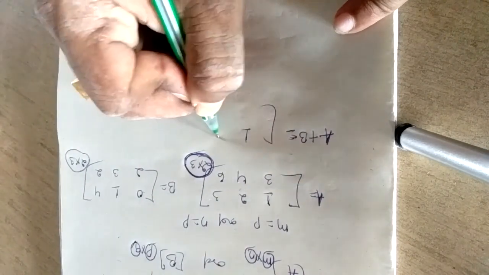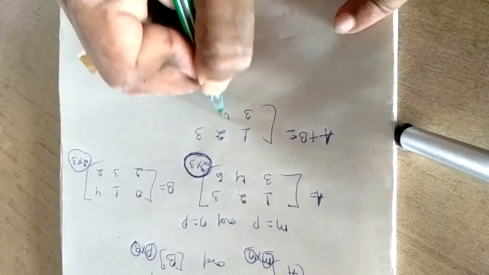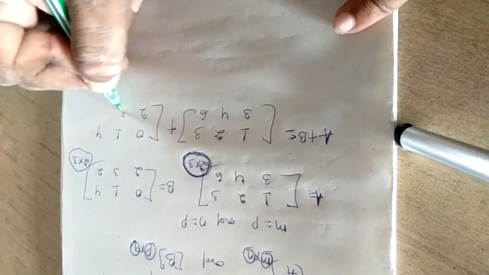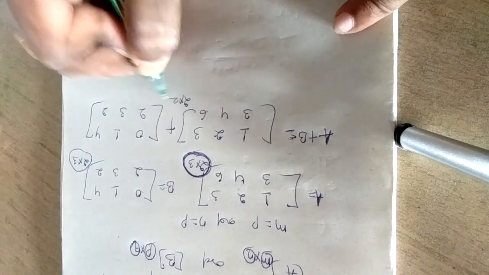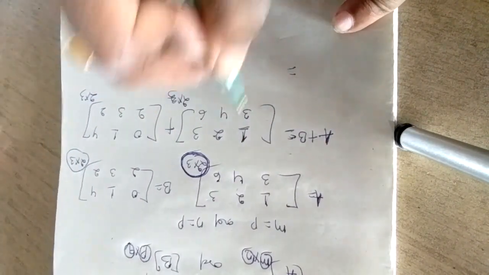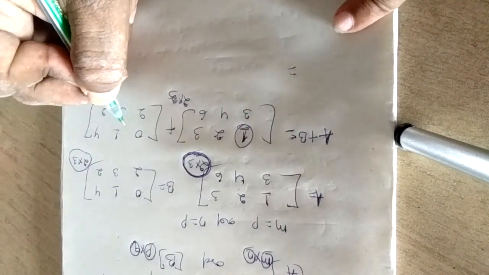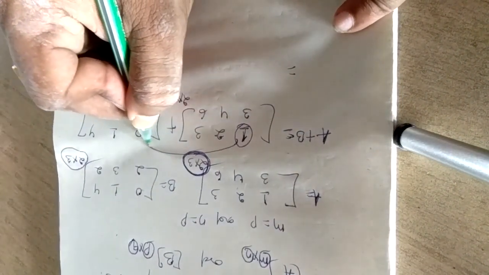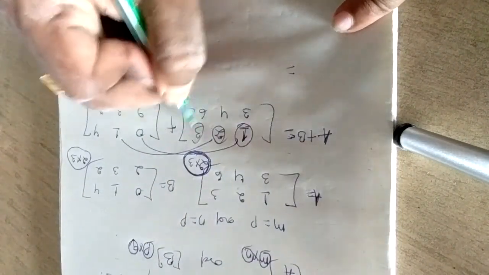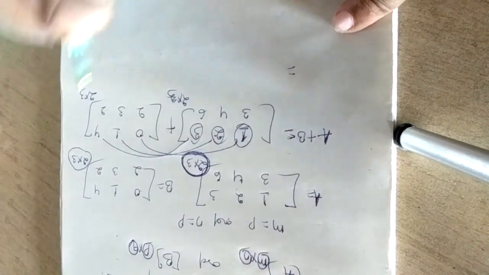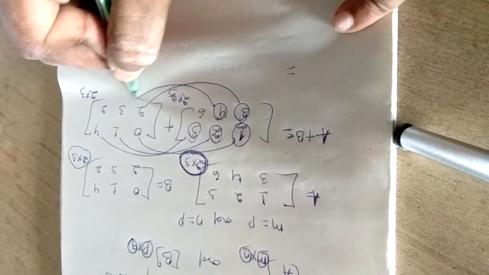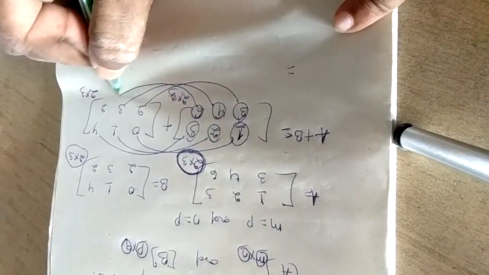And 1 2 3, 3 4 6 plus 0 1 4, 2 3 2, 2 by 3. Addition happens respective element with respective element, that is 1 added with 0, 2 added with 1 and 3 added with 4. Similarly 3 added with 2, 4 added with 3 and 6 added with 2.